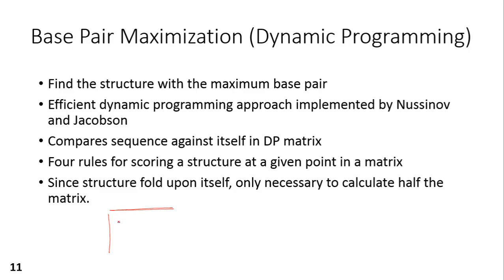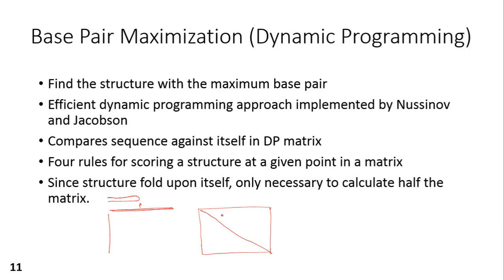Now since the structure folds upon itself, say for example, if this is your RNA sequence, when it folds, this much portion would fold upon itself. Therefore, whatever your resulting S matrix, or resulting dynamic programming matrix, you don't have to fill out the entire matrix.